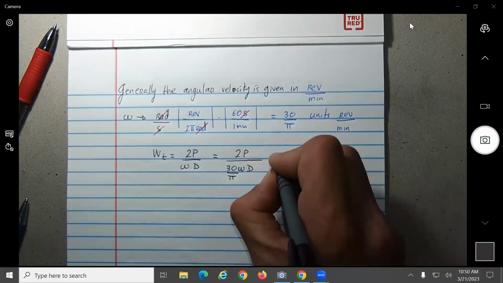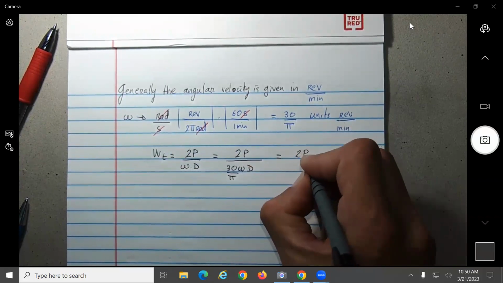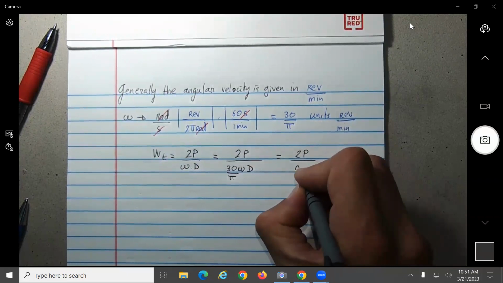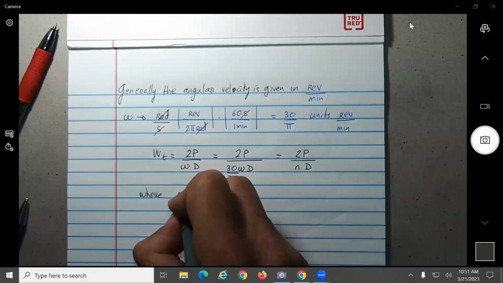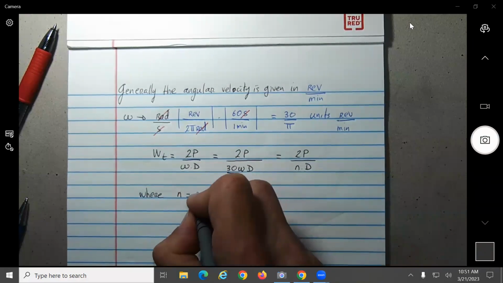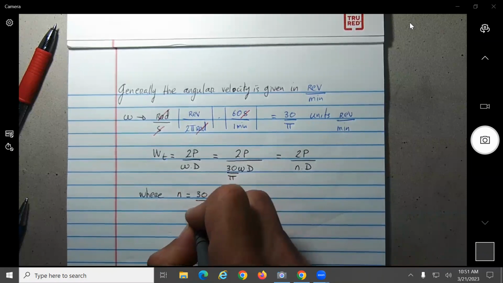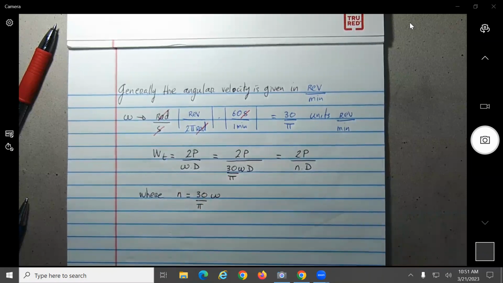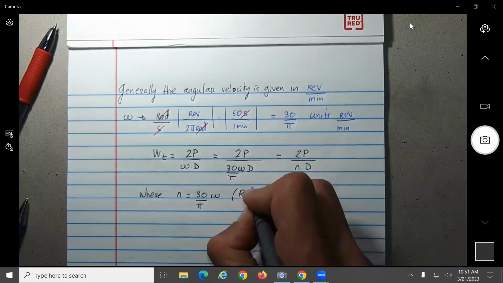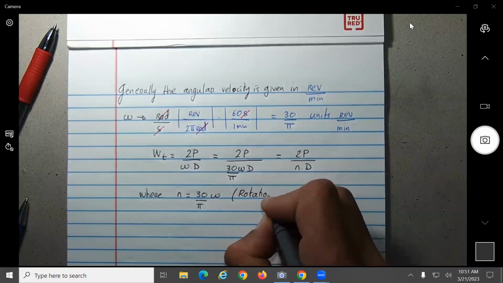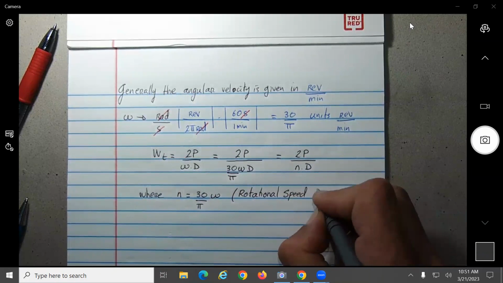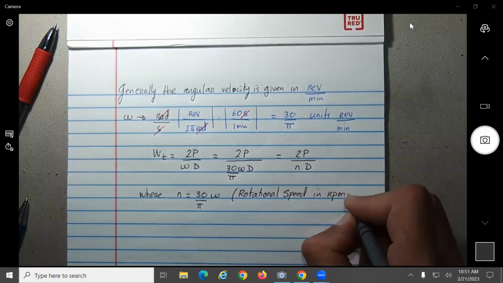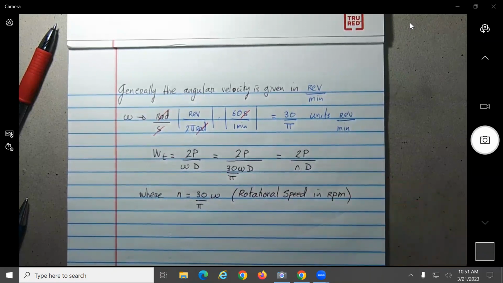Or sometimes people write this as 2P over ND, where N will be equal to 30 over pi omega, which is the rotational speed in RPM, revolutions per minute.